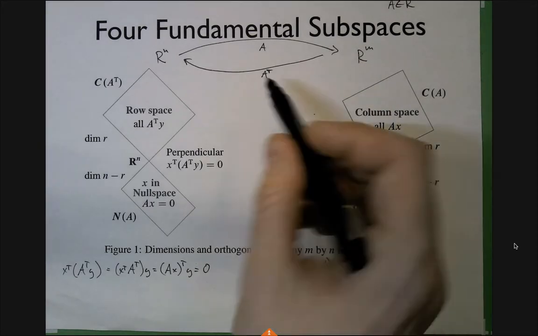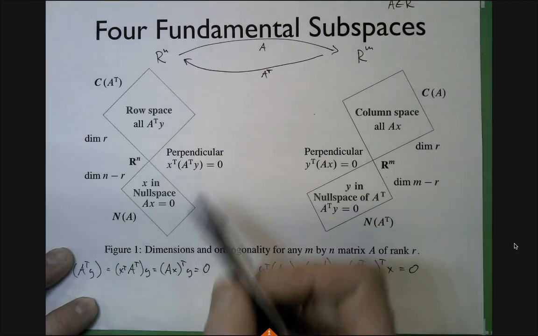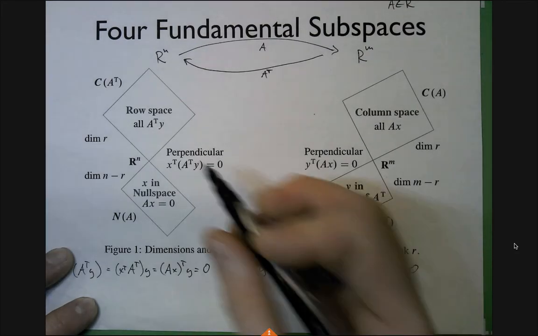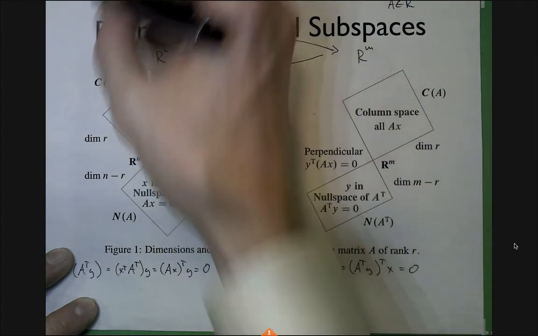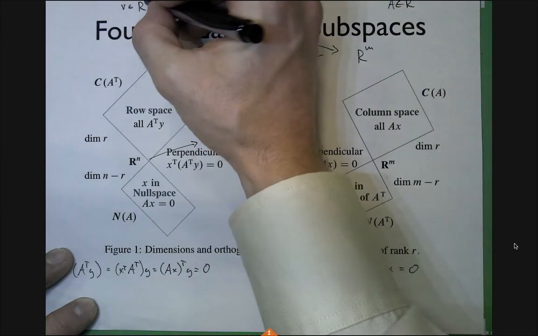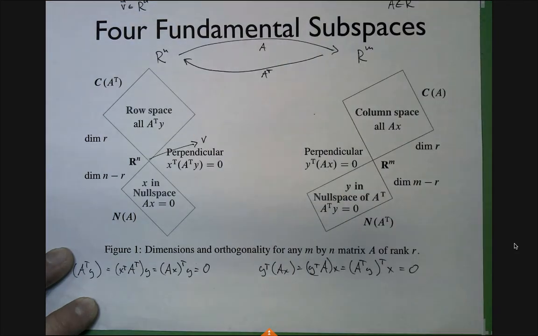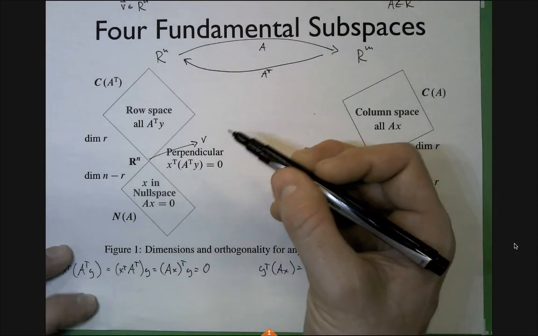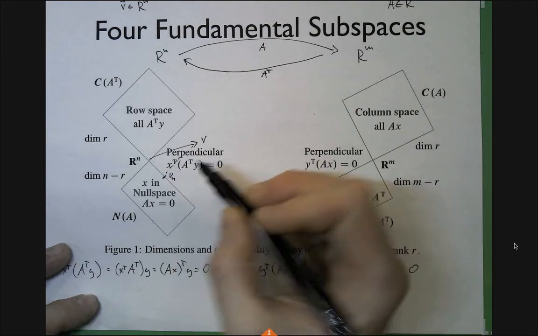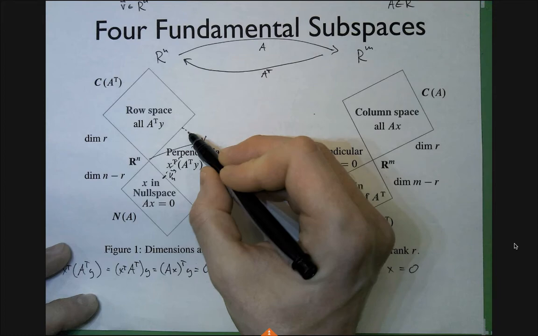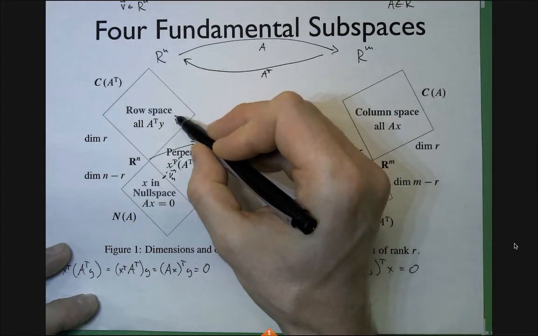Now, what does the matrix essentially do? If I take an arbitrary vector v somewhere here, so v is an arbitrary vector from R^n, then the vector can be split into two parts. One part, let's call it V_n, in the null space, and V_r in the row space.